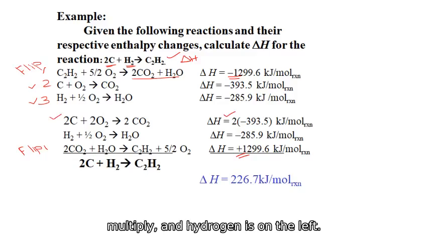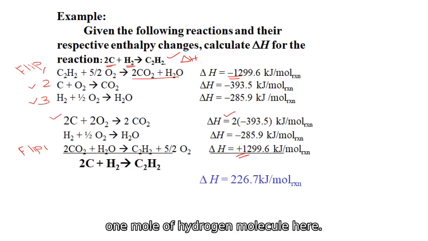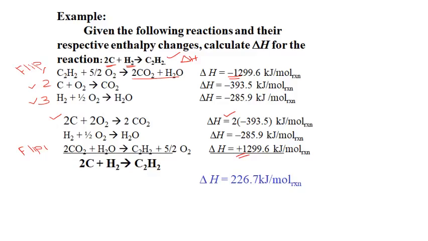And hydrogen is on the left. We don't have to make any change because it's already 1 mole of hydrogen molecule here. So 1 H2 plus half O2, I will just rewrite that one. And now we will start cancelling the same species on both sides. We need carbon, we need hydrogen, and we need C2H2.